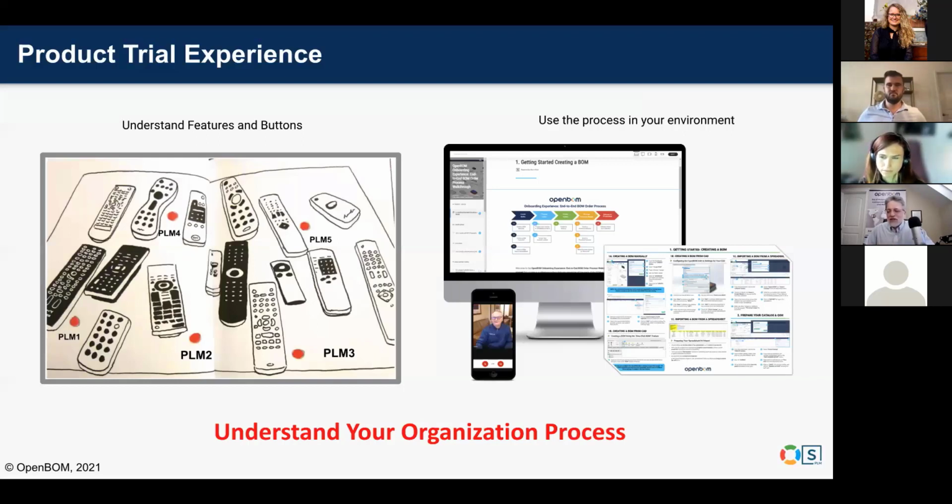This trial helps us set expectations in the most efficient way. Wrong expectations, remember the first slide? Nice slides, open this up. Oh my God. That's the wrong set of expectations. So you go through the trial, you actually experience the product. When you purchase the subscription, you already know what you have.